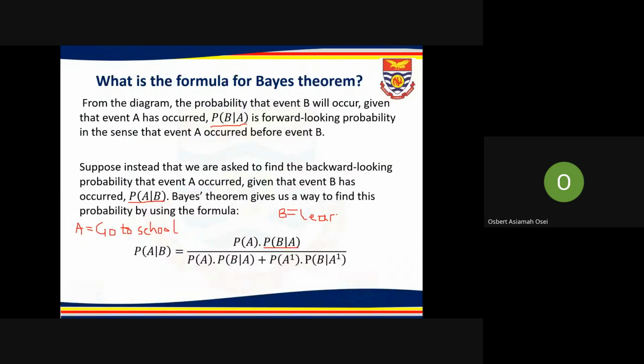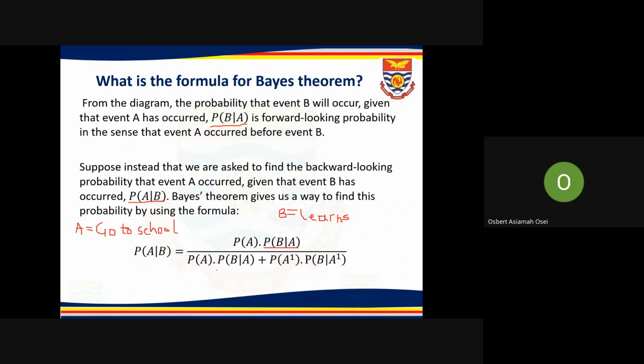So the probability of going to school, given that the person has learned, is equal to the probability of going to school times the probability of learning, given that the person has gone to school, over the probability of A, which is the probability of going to school, times the probability of learning, given that going to school has occurred, plus the probability of not going to school times the probability of learning, given that the person did not go to school.